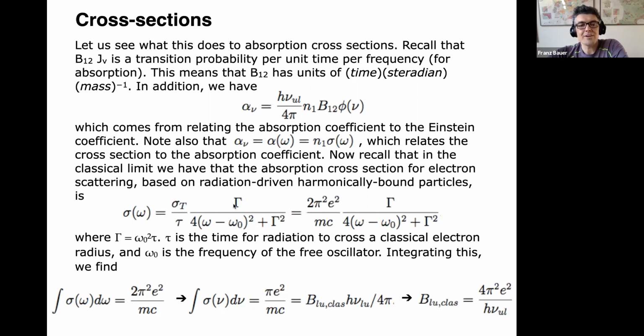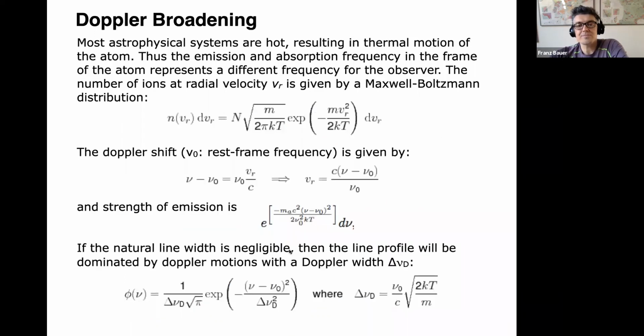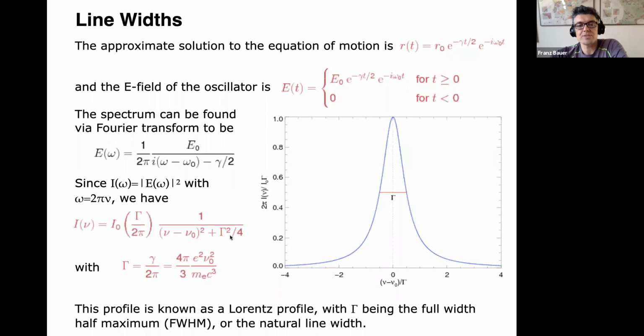And here again, actually this gamma is now slightly different because this is just our harmonic bound particle. So this is the time for the radiation to cross a classic electron radius, but it goes sort of as this functional form. And so we can see this functional form is fairly similar to this functional form, right?